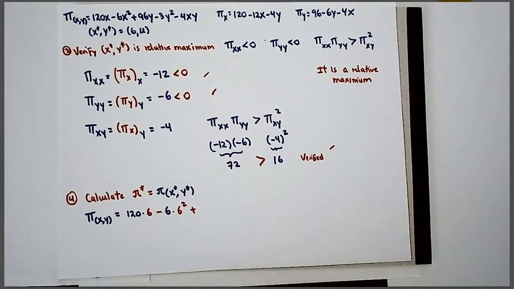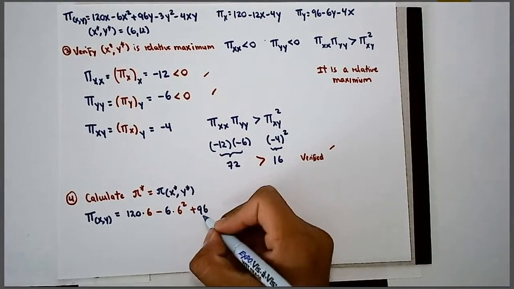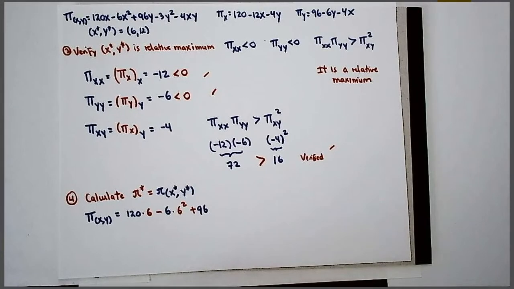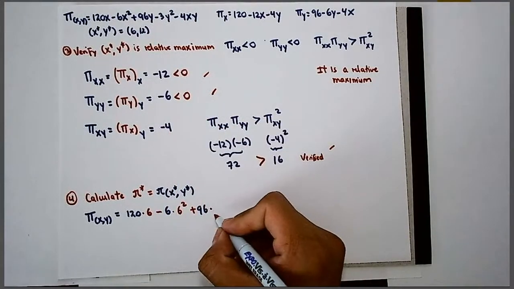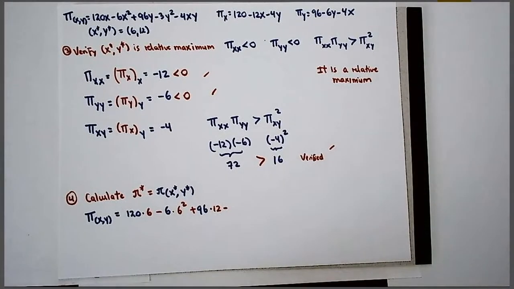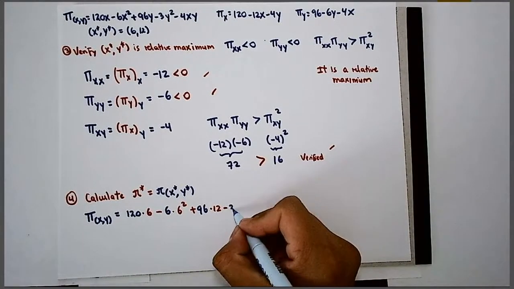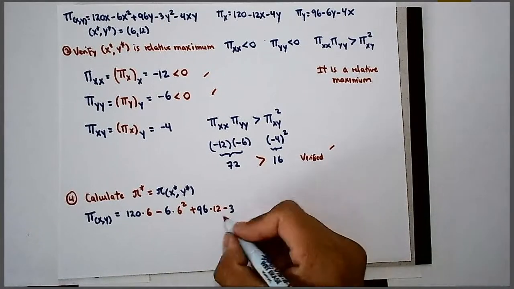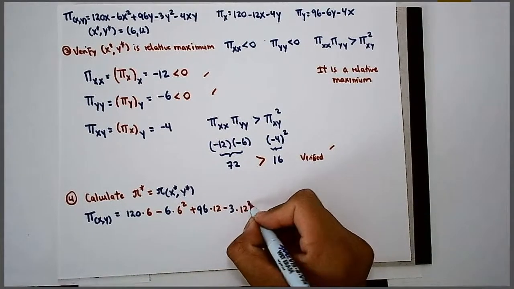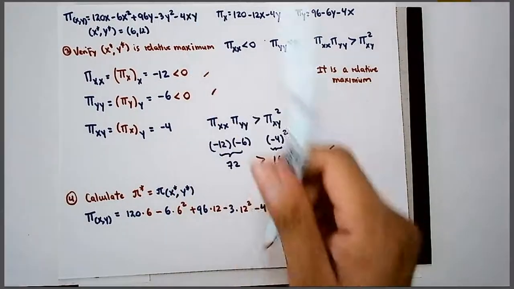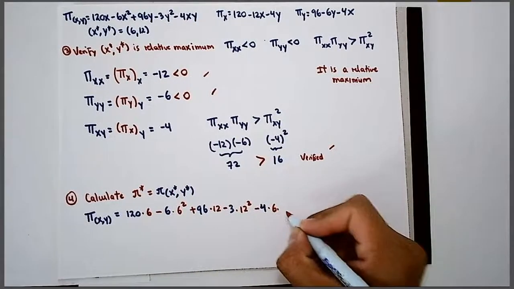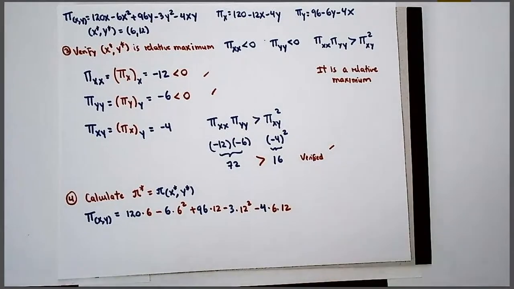plus 96 times y, and y, remember, that was 12, minus 3 times 12 squared, minus 4 times xy, so it's times 6 times 12.